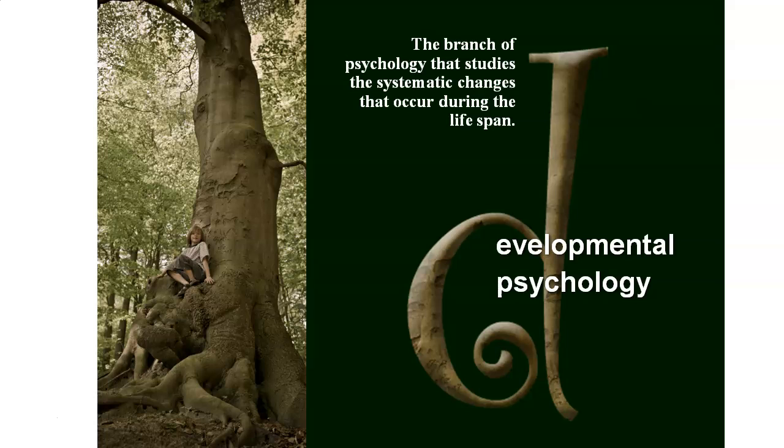So it's looking at our development. It's looking at just how we change physically, mentally, different theories as to why we seem to change, how we can develop more effectively, if there's specific time frames that we go through. And so that's what we mean when we talk about developmental psychology.